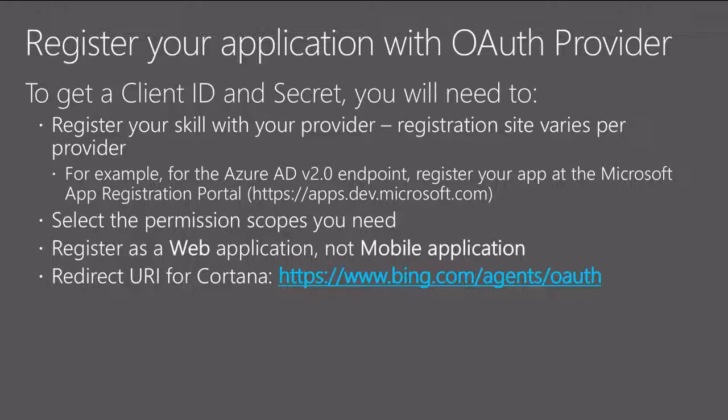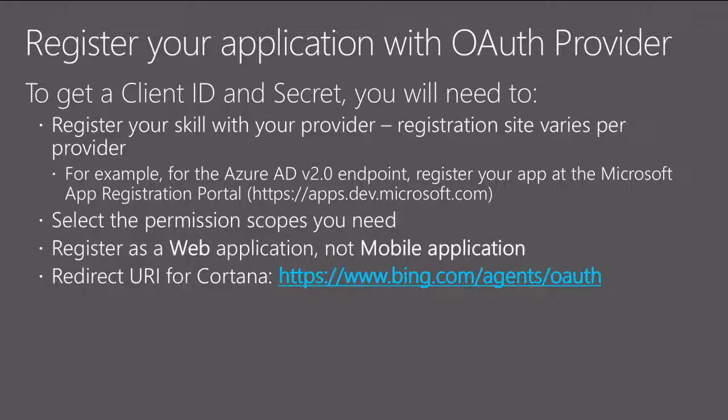For example, if you're accessing the Microsoft Graph, there's scopes like user.read and user.readall. There's a whole load of these different scopes, and the different scopes give access to different sets of the data. So you'll need to look at the documentation to figure out what it is you need to ask for in order for your skill to do whatever it needs to do.